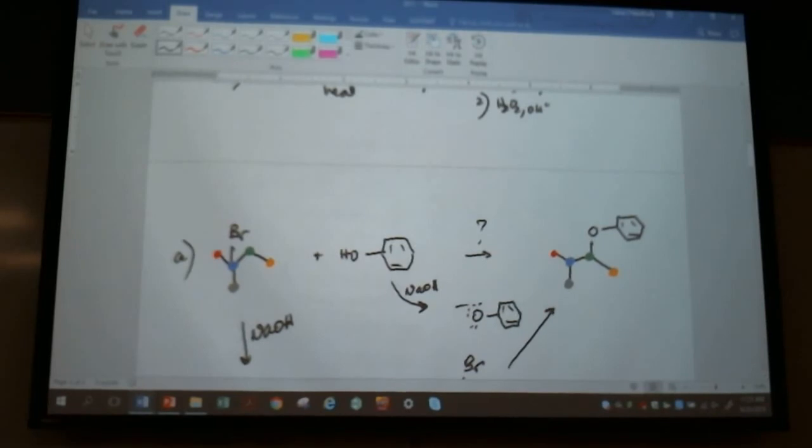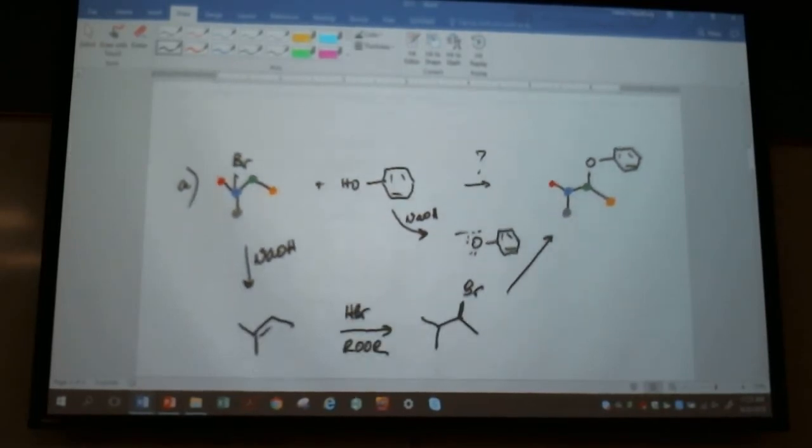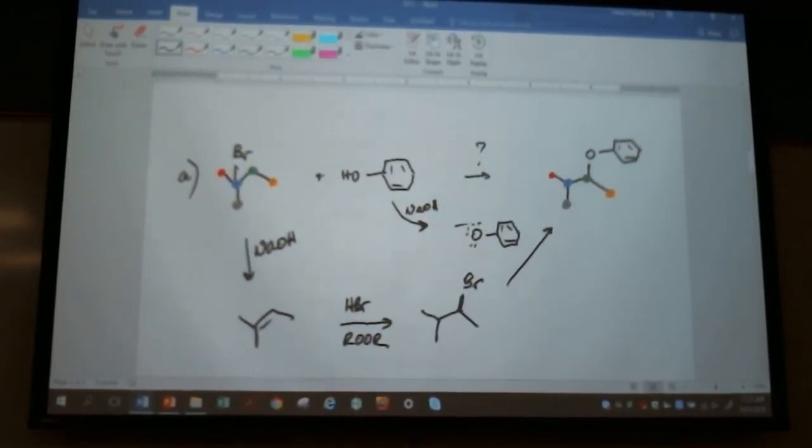By the way, did I make any carbon-carbon bonds here? No. I made a carbon-oxygen bond to connect this piece to this piece. So nowhere in here should I be looking at Grignards as a strategy, because Grignards are to make carbon-carbon bonds, not carbon-oxygen.